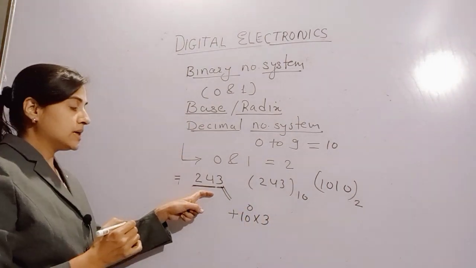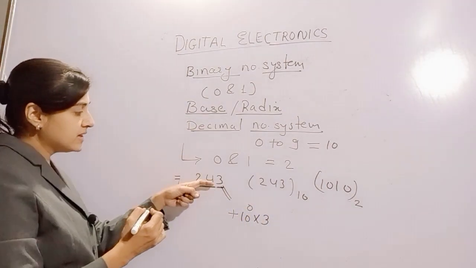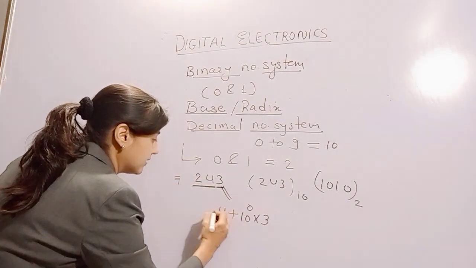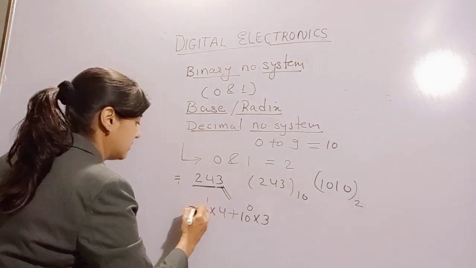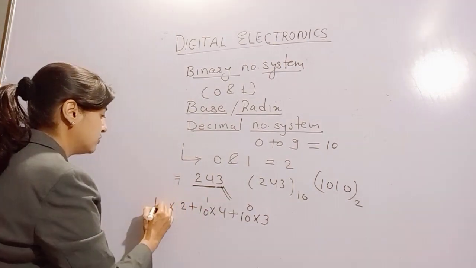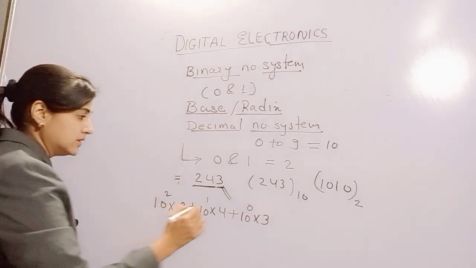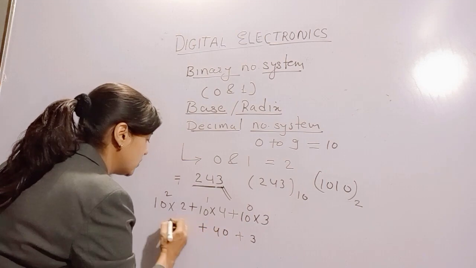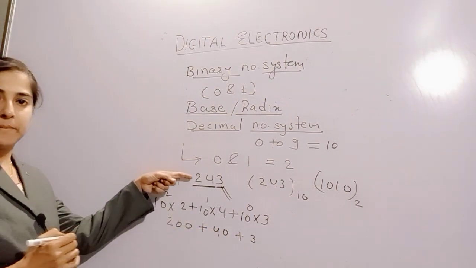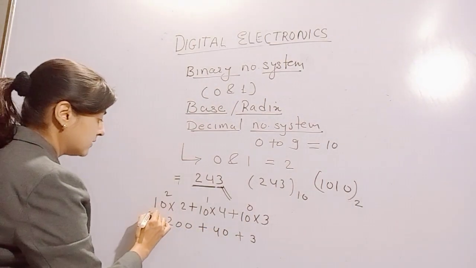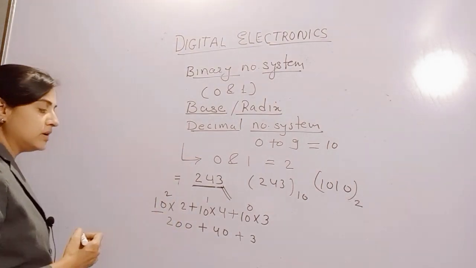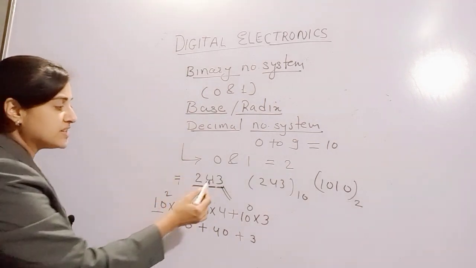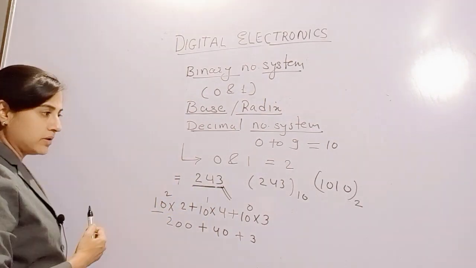As this is the decimal number system, every digit is associated with ascending powers of 10: 10 raised to 1, then 2 into 10 raised to 2. So we can write 3 plus 40 plus 200. What I want to tell you here is that as this is the decimal number system, the weight of every digit is associated with a power of 10.